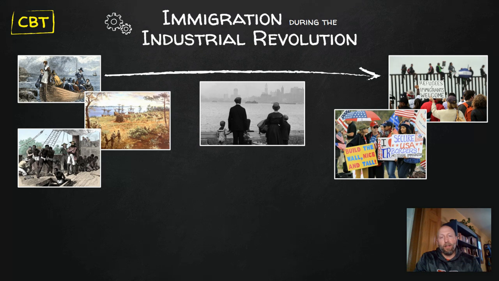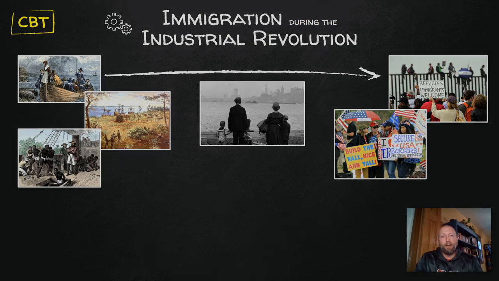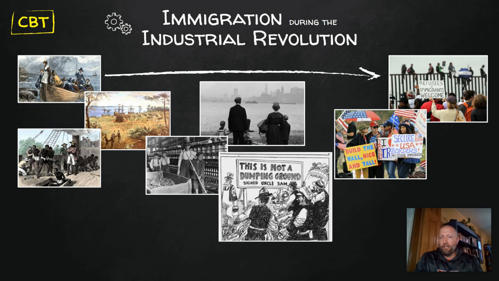In the middle of that, we have the immigration during the Industrial Revolution. All right. Now, as you look back, a lot of people think of this as a great time. People are coming to Ellis Island. People are coming here to have jobs and for freedom and getting away from things like the potato famine or the German Revolution. But just like a lot of our history, we tend to forget about the negative parts.